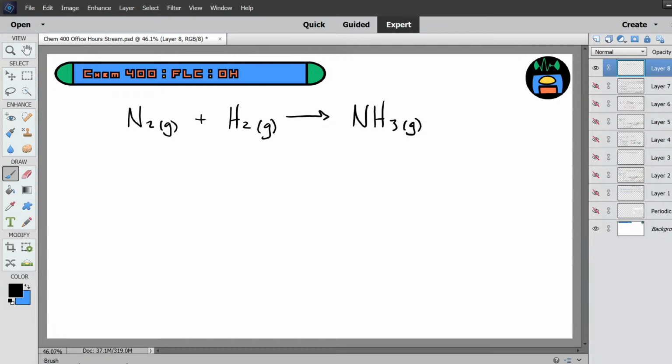So in this reaction, we have nitrogen and hydrogen on both sides. We've got 2 and 2 on the reactant side, 1 and 3 on the product side.